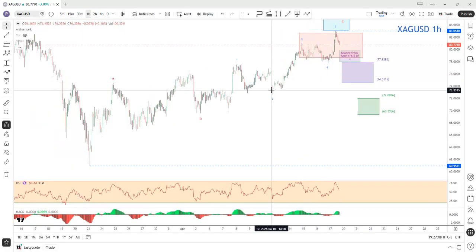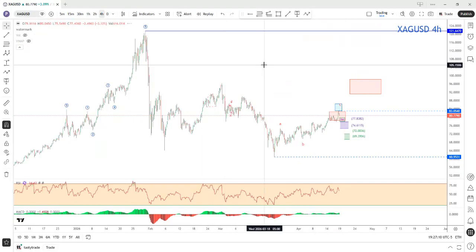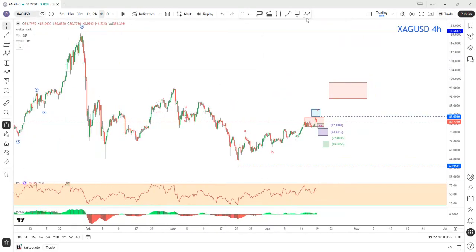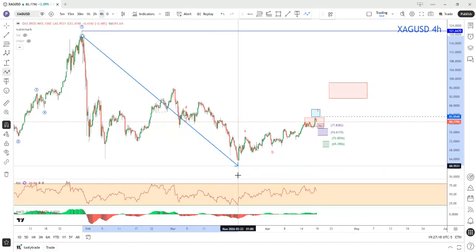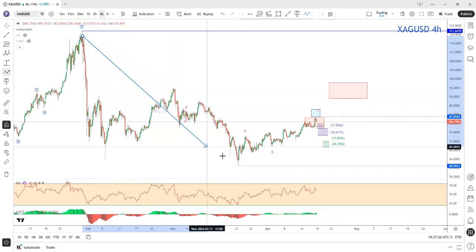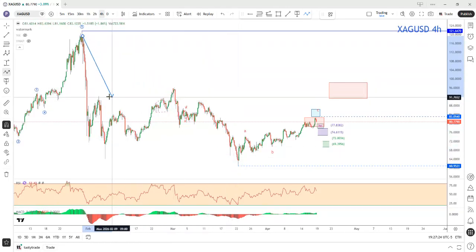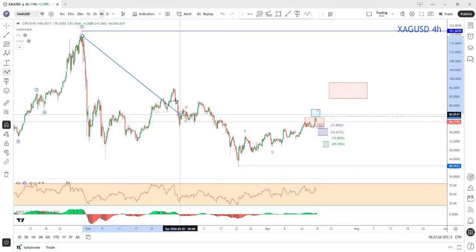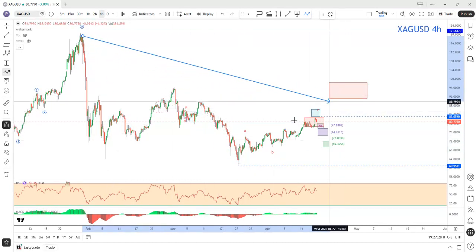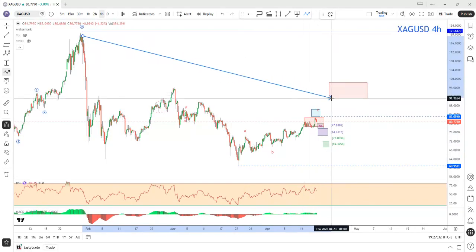What I think is happening, let me go out to the 4-hour, is that as it stands right now, this is just a 3-wave move, 1, 2, 3, and it's a W, X, and a Y correction, for those who like to label. If they're making a really big correction, this should be the target up here.